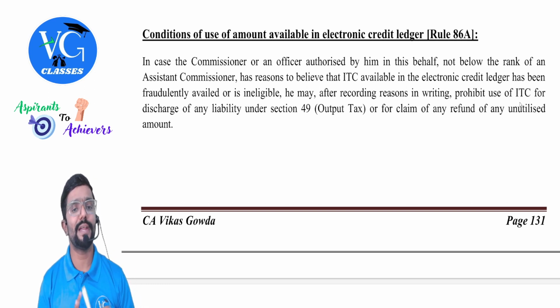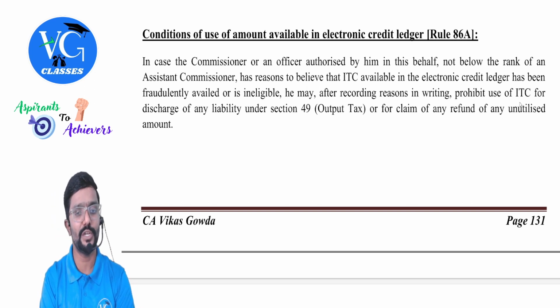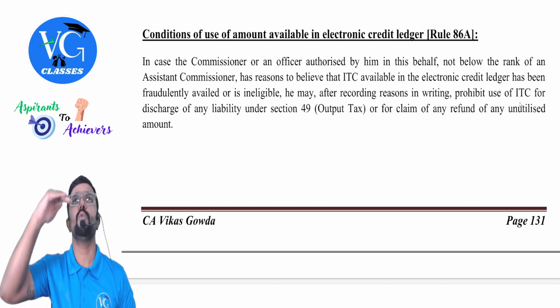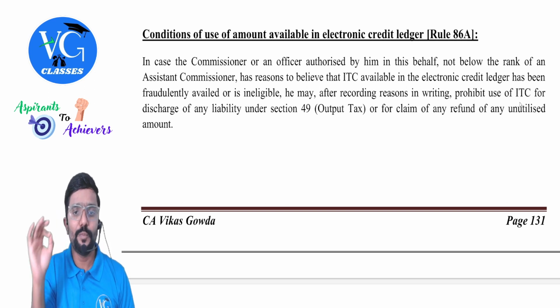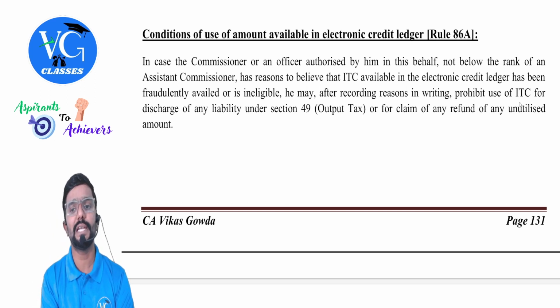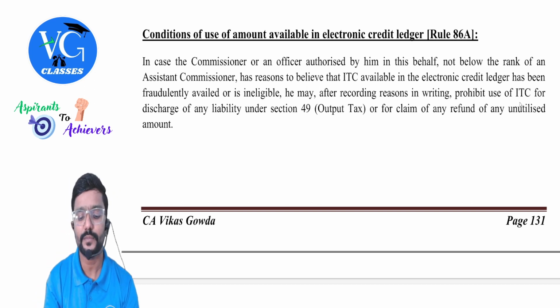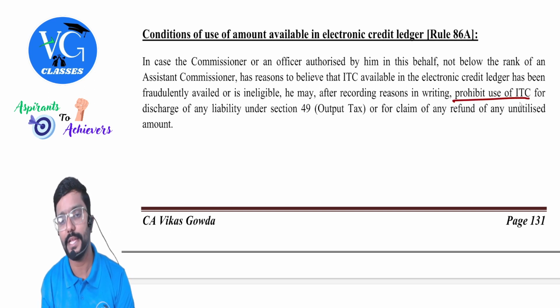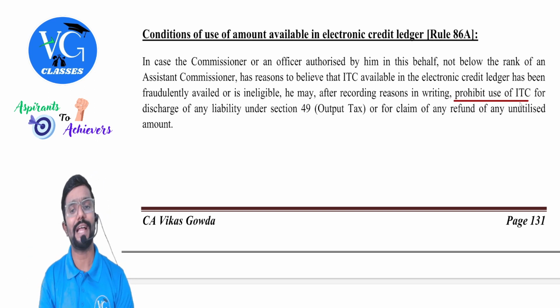In case the commissioner or an officer authorized by him in this behalf, not below the rank of assistant commissioner, has reasons to believe that ITC available in the electronic credit ledger has been fraudulently availed or is ineligible, he may, after recording the reasons in writing, prohibit the use of ITC for discharge of any liability under section 49, that is output tax, or for claim of any refund of unutilized amount.